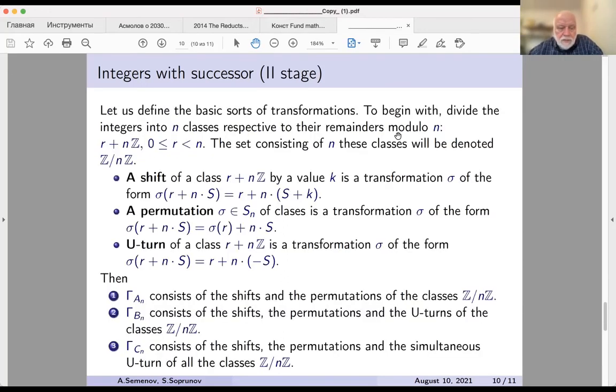Okay, so the whole set of groups can be defined by this, and we can happily discover that such and such groups can correspond to such and such sets of relations, A, B, and C series.